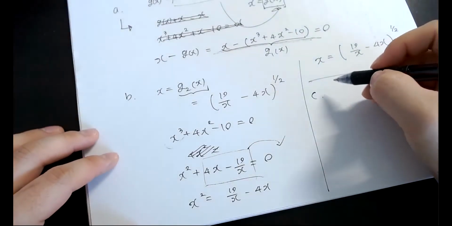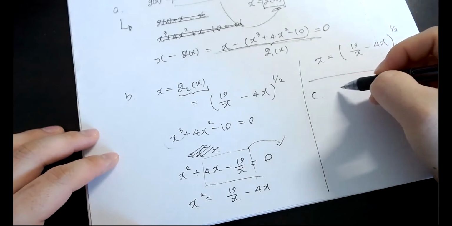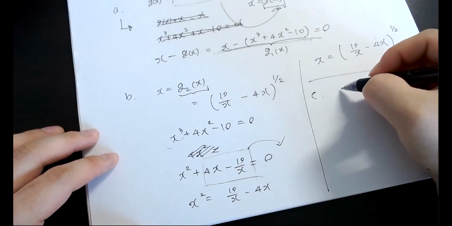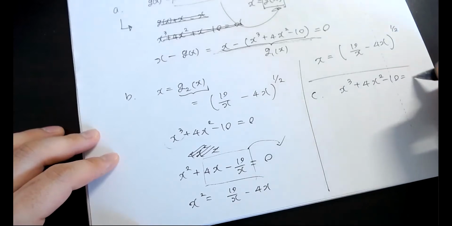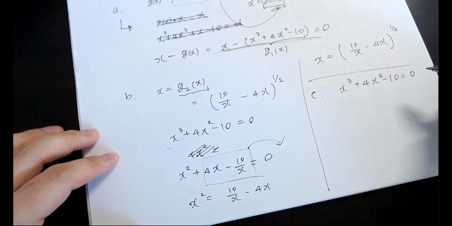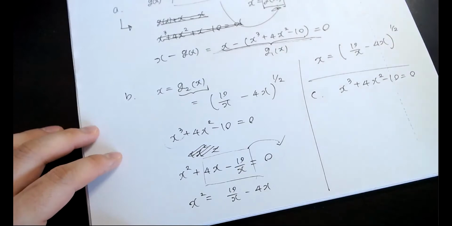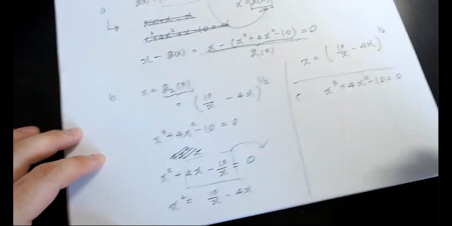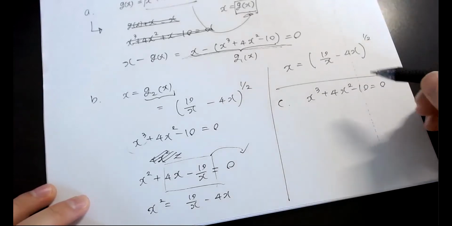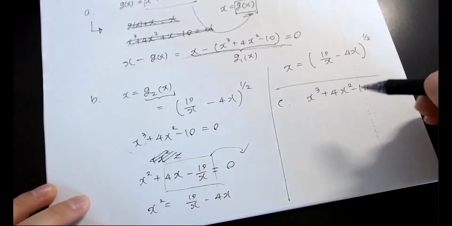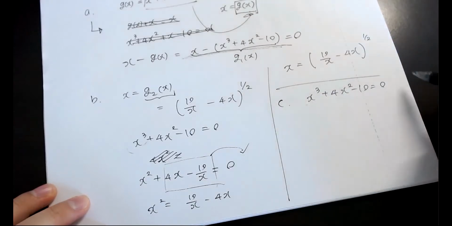We are given x cubed plus 4x squared minus 10 equals 0 from the root finding problem. We're going to move the x cubed and negative 10 to the right hand side and divide by 4 and take a square root.